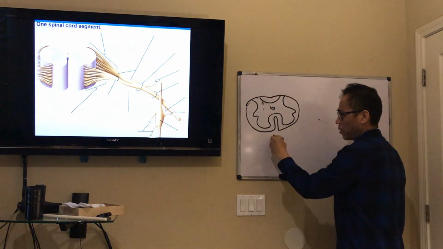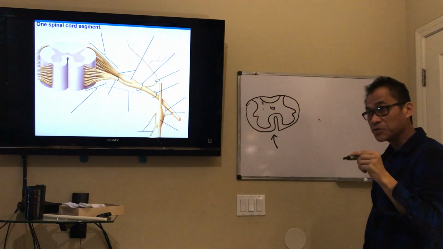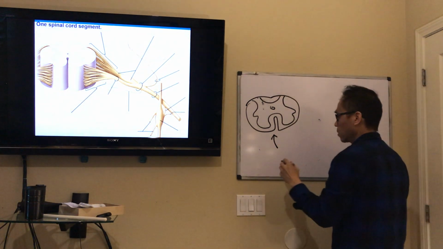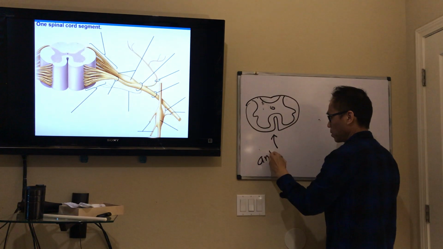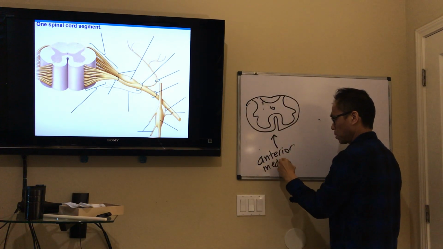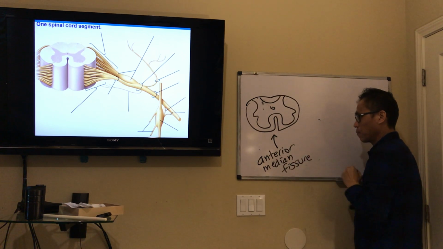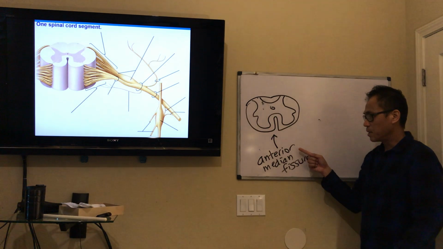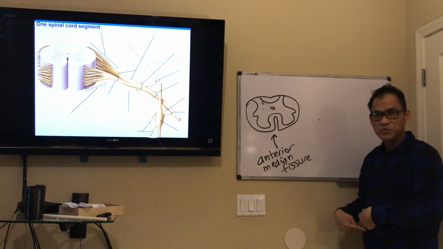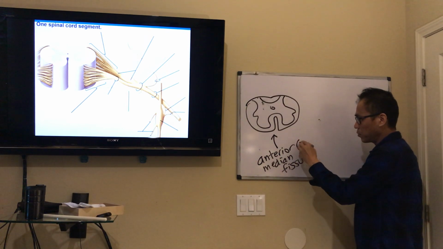This deep groove here is the anterior median fissure. Anterior means the belly side, so ventral. Sometimes they call it the ventral median fissure. So anterior or ventral.